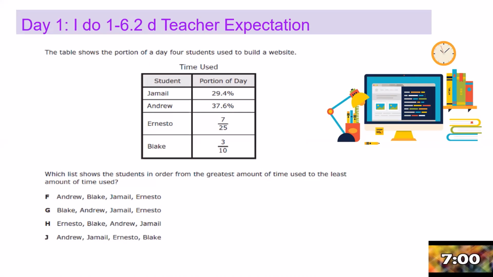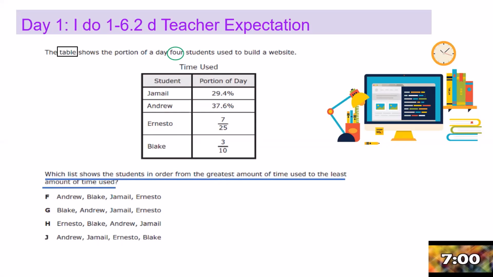First, let's annotate. We'll use our cube strategy and we'll start off by circling our numbers. I will circle 4. Next, I will underline the question. Then, I would box in keywords.